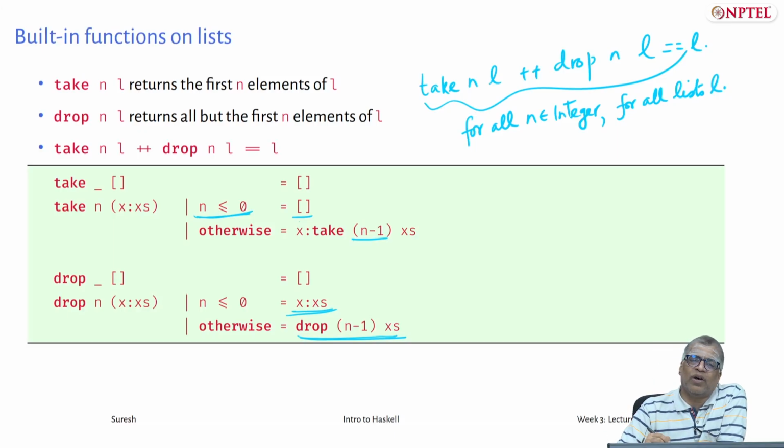And typically whenever you have a warning from GHCi or GHC saying that you cannot apply tail, you can replace tail by drop 1 l.